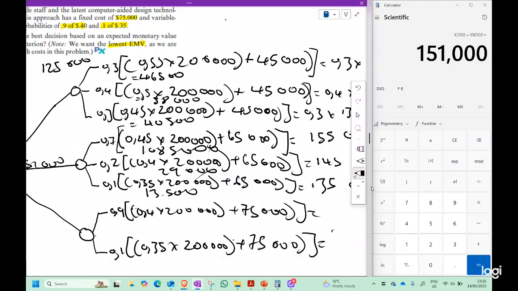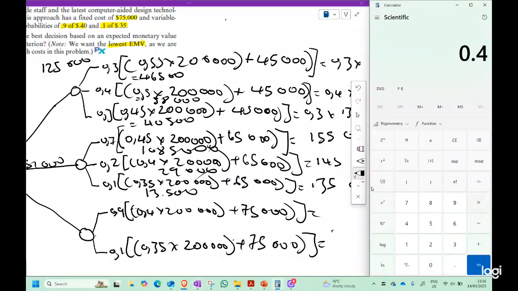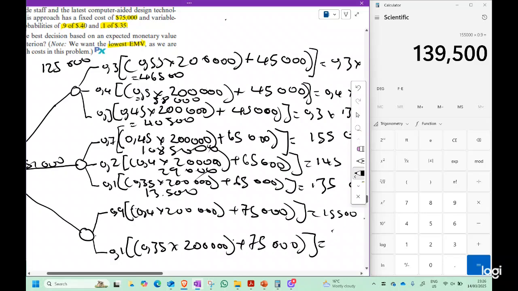what we having? 0.4 multiplied by 200,000 plus to that plus, now the cost has went significantly up. It goes to 155 multiplied by 0.9, then we get 139.50.